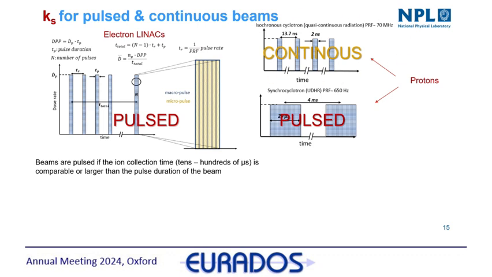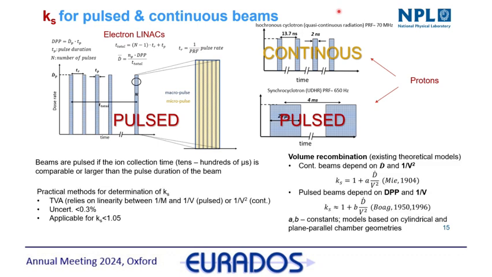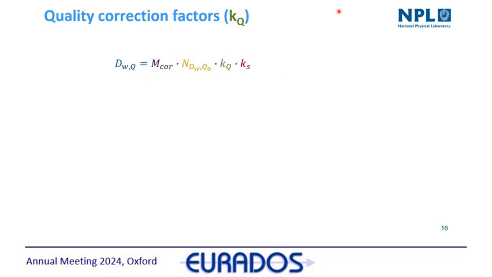However, this is a quasi-continuous type of beam, so from the point of view of ionometry, it's actually behaving like a continuous beam. For the conventional dose rates, we have very well established theories and formalisms for how we can correct for these ion recombination effects. In the interest of time, I cannot go into details, but I wanted to highlight that we have challenges related to the applicability of those established formalisms at ultra high dose rate beams.